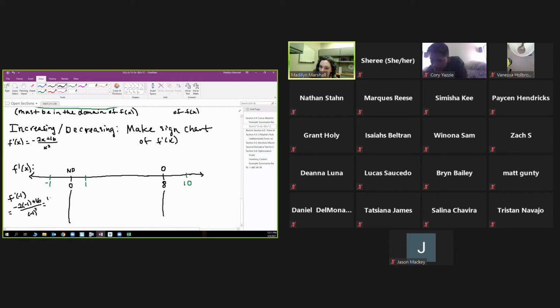So on top we have positive 18 and on the bottom we have -1. So that is definitely a negative number, a negative 18. So we have negatives up to here. Then when we plug in 1, we have 14 over 1, which is a positive number.